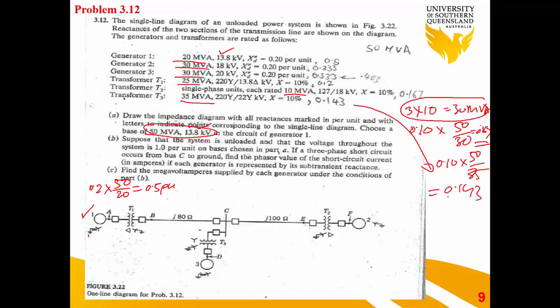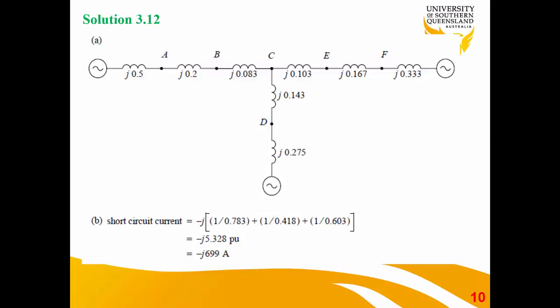Now, another one, your transmission line. This one is given as line impedance. You have to calculate the base and then get that on. Finally, you will reach this sort of thing.